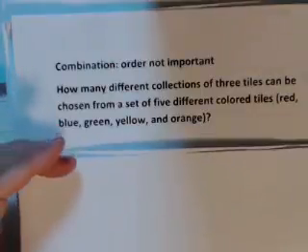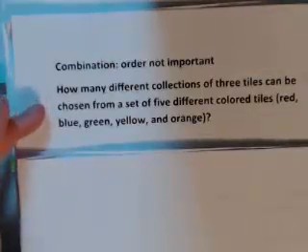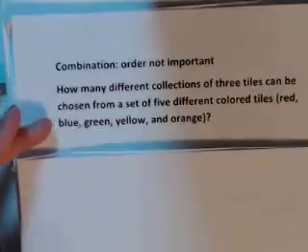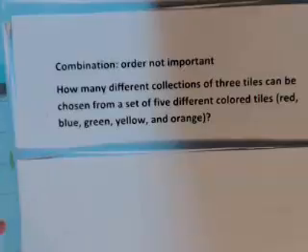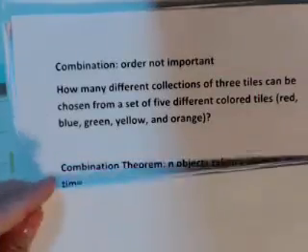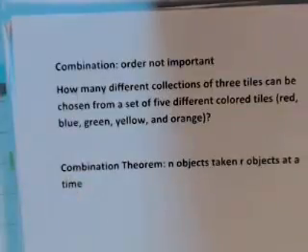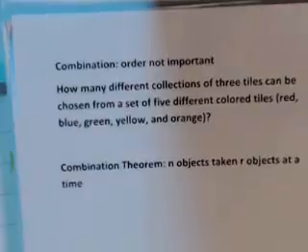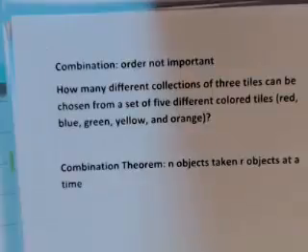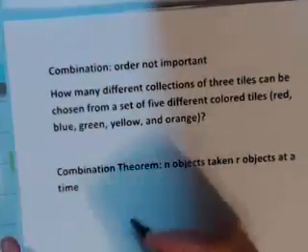So how many different collections of 3 tiles can be chosen from a set of 5 different colored tiles: red, blue, green, yellow, and orange? So we are going to be looking at a combination because order is not important. And the formula for combinations also deals with factorial, but it's written a little bit different.